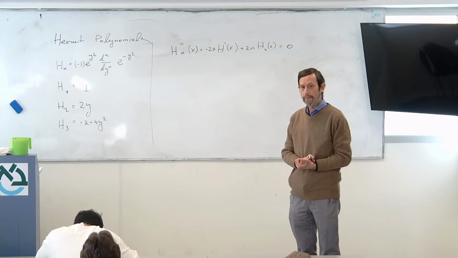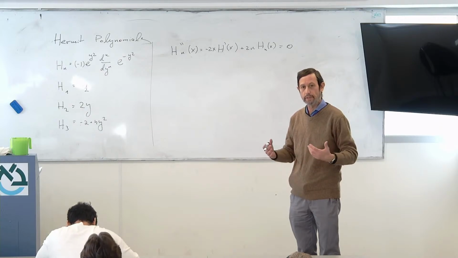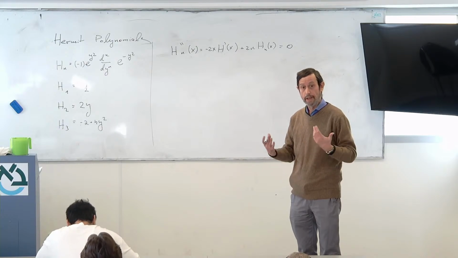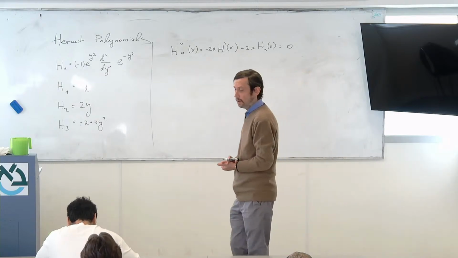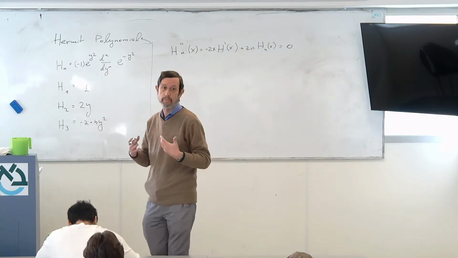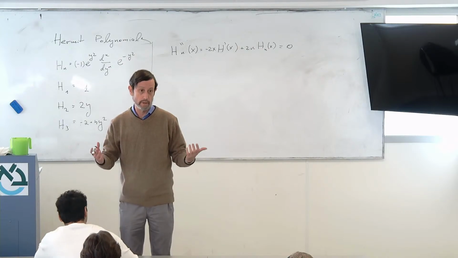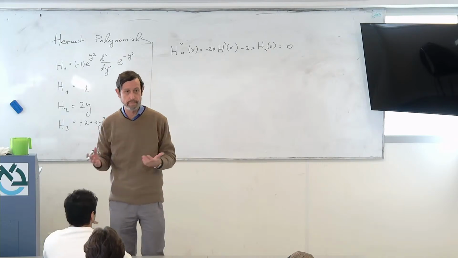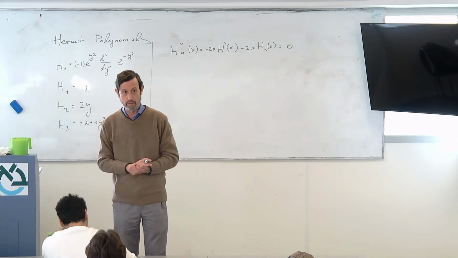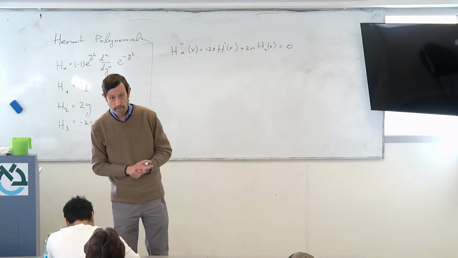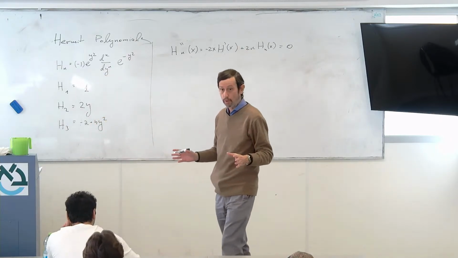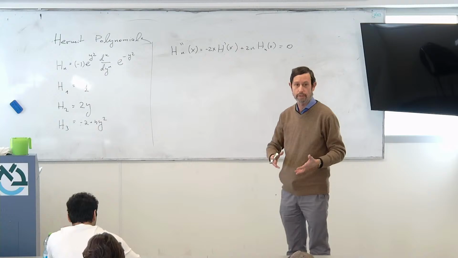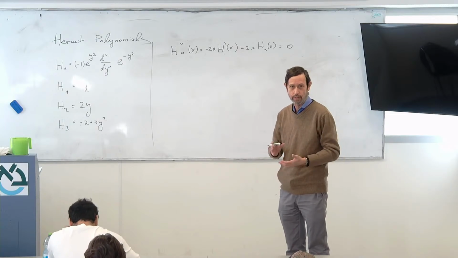We could have actually got to this point in solving the Schrödinger equation by assuming that our solution looks like e to the minus x squared times something, and this something would have been the polynomial. That would have been the straightforward way to solve it without using creation and annihilation operators.